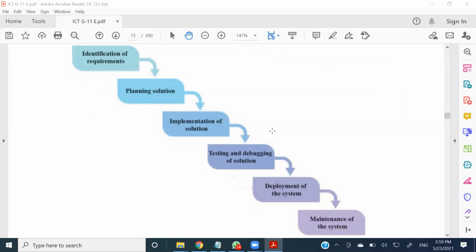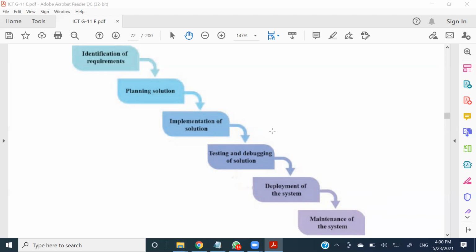So they plan the solution according to the requirements that they have identified, right? The user can't pop up and say, I need this requirement as well, I have this new need as well. No, it is not going to go with the waterfall model, right?